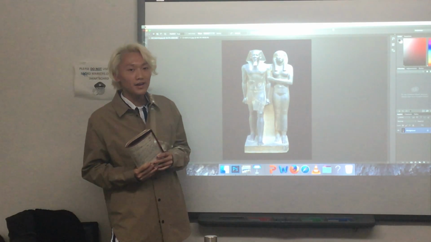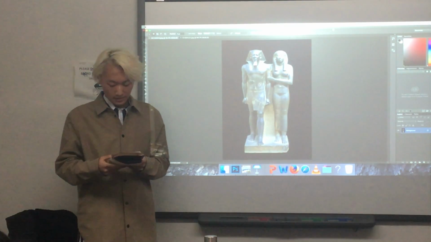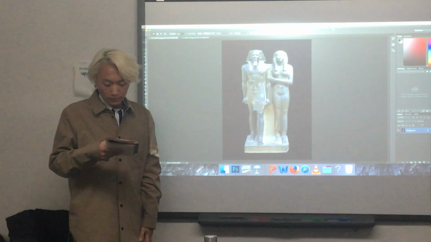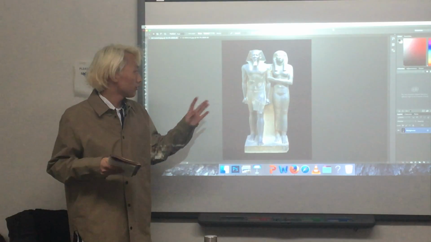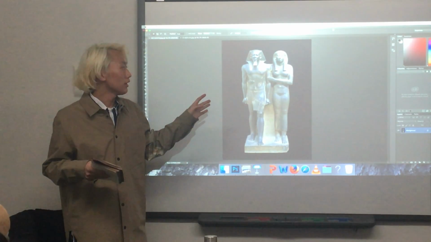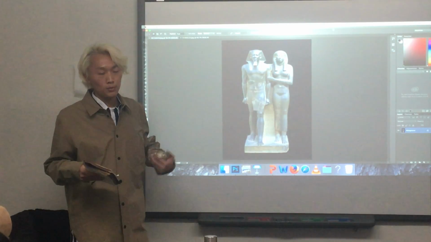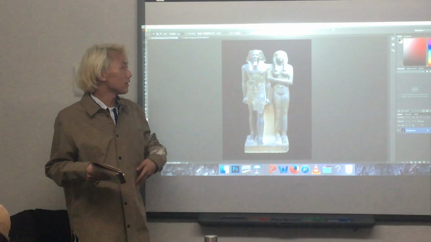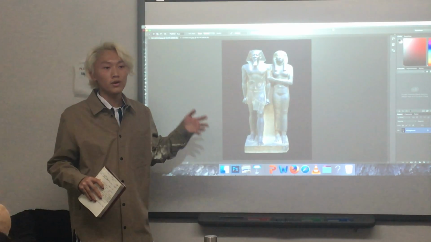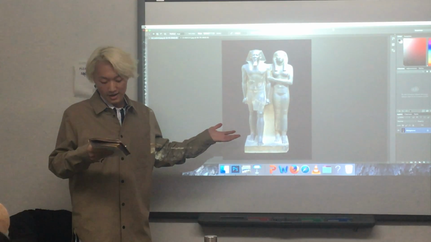And let's take a look at the female figure. She is wearing a well-fitting skirt dress, and with this dress she can showcase her narrow shoulders and slim waist. So this is a really idealized female figure for ancient Egypt.